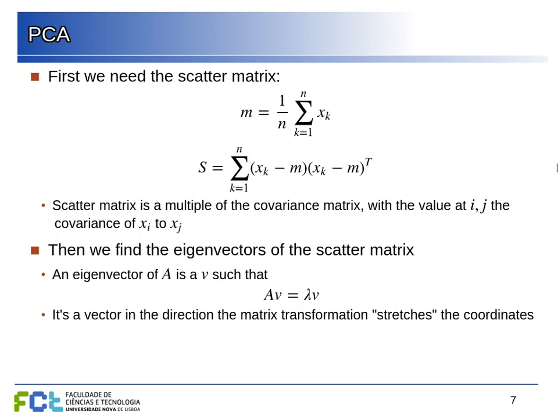So basically, if you think of the matrix, you can use a matrix that has as many rows and columns as the number of dimensions of your points to do some transformation on your points. So you can imagine the eigenvectors as being those directions in which this transformation only stretches the coordinates and does not rotate, does not change direction.